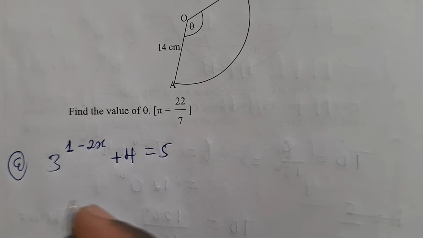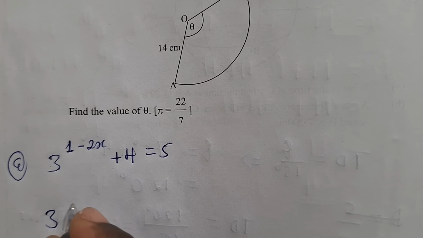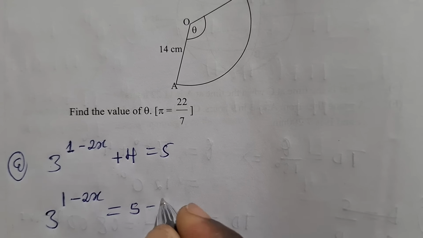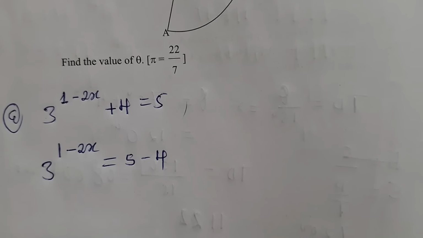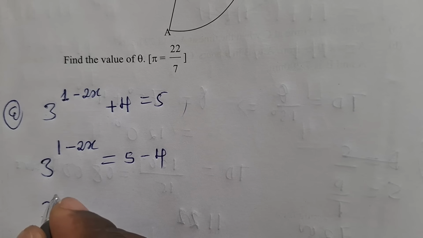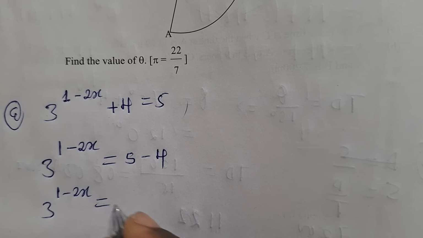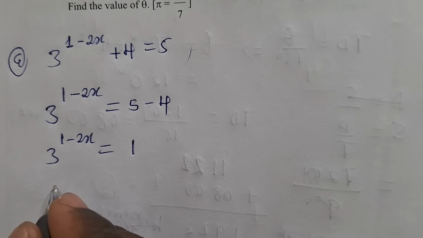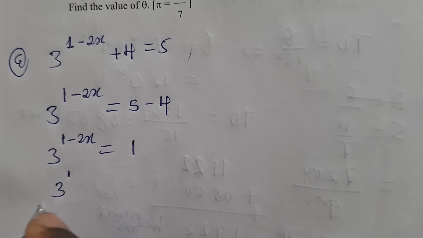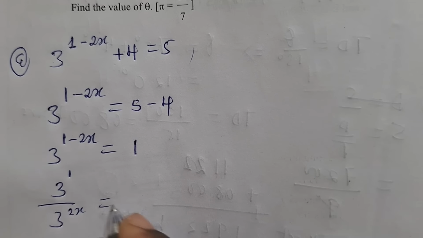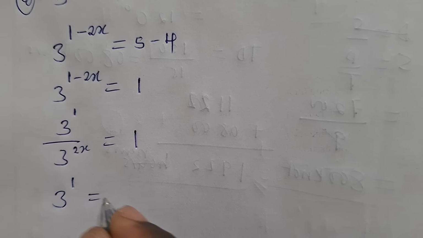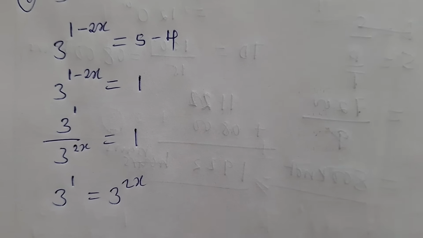This is question A. So 3 power 1 minus 2x is equal to 5 minus 4. This 4 comes this side. So this is giving us a 1 here. We apply the laws of indices, so we can write this as 3 power 1 over 3 power 2x is equal to 1. We cross multiply. 3 power 1 is equal to 3 power 2x.